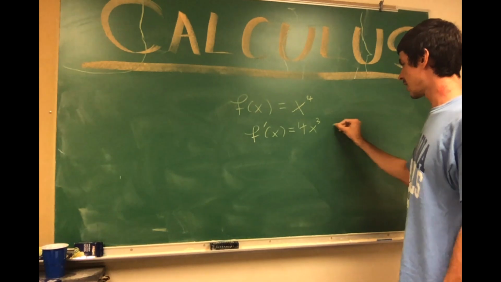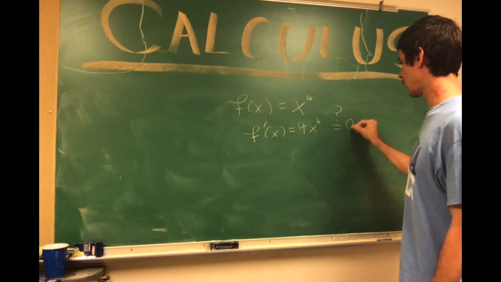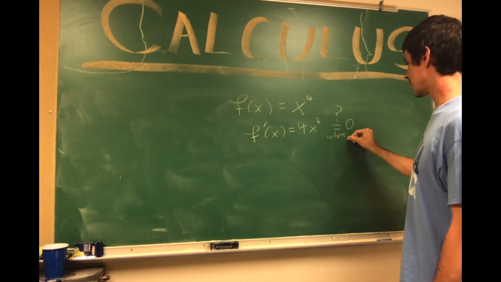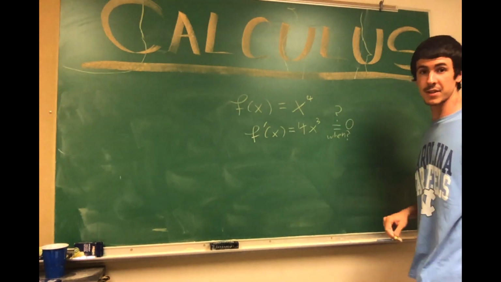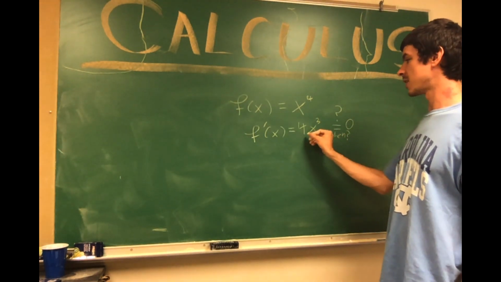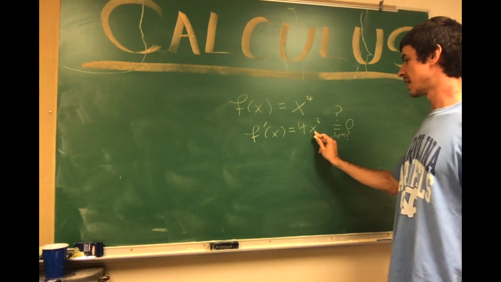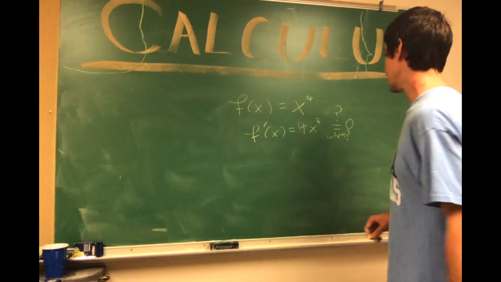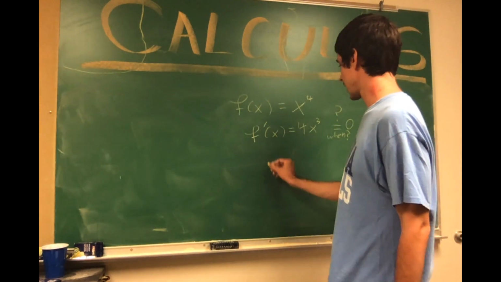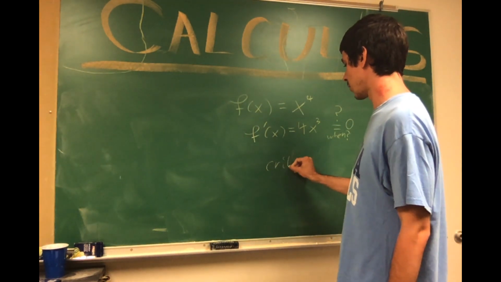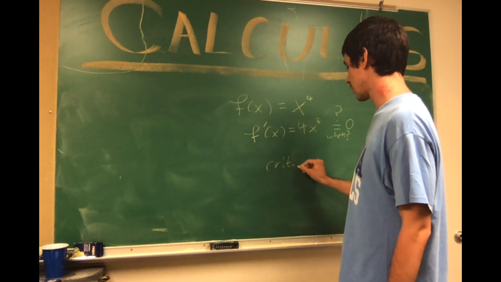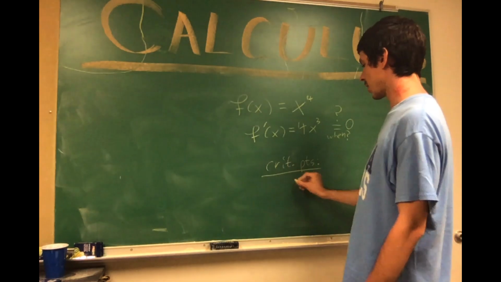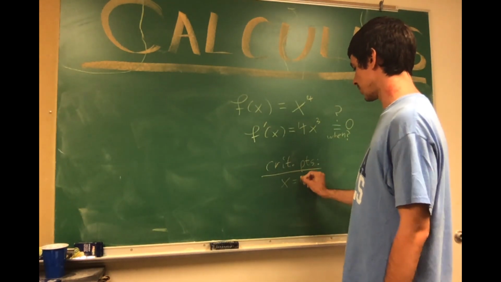When is this 0? This equals 0 exactly when x equals 0, right? If x is not equal to 0, this is not going to be 0. But if x is equal to 0, it is going to be 0. So the only critical point is x equals 0.